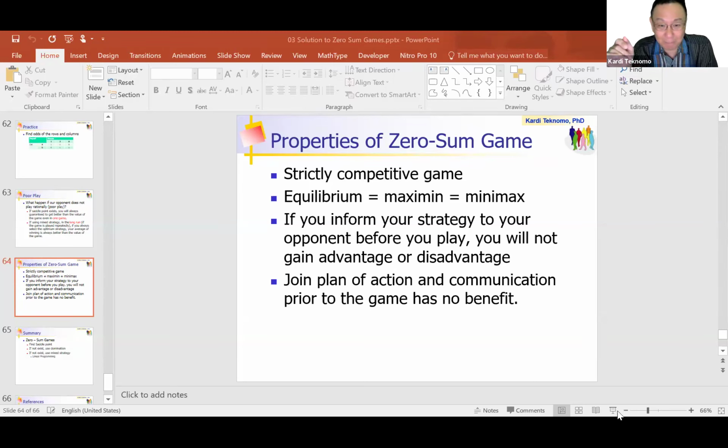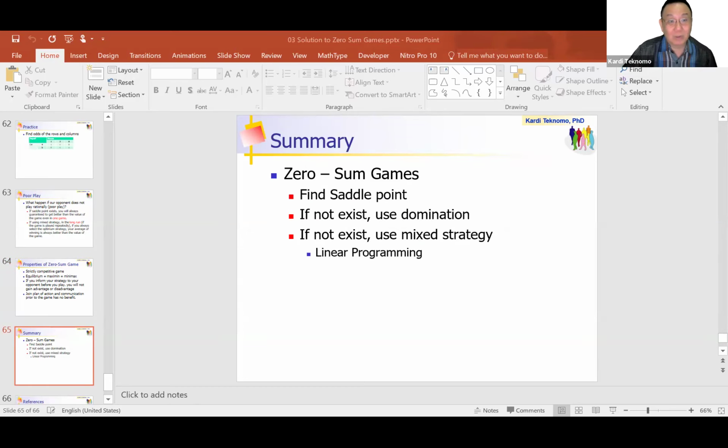Information doesn't matter. A joint plan of action or communication prior to the game also has no benefit at all. These are the properties of zero-sum games. So you find the saddle point. If it does not exist, use domination. If not, use the mixed strategy, using linear programming or the method from a while ago.